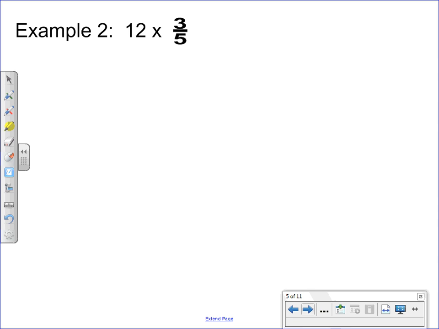Let's look at another example with a bigger number. 12 times 3/5. In order to do this, we're going to change the whole number to a fraction. So we're going to take the 12 and put it over 1 and multiply times 3/5. Now looking at this, there's some bigger numbers up there. I want to see, can I simplify before we start?